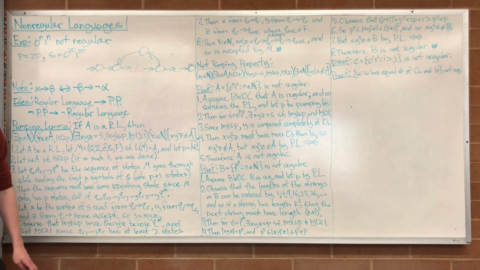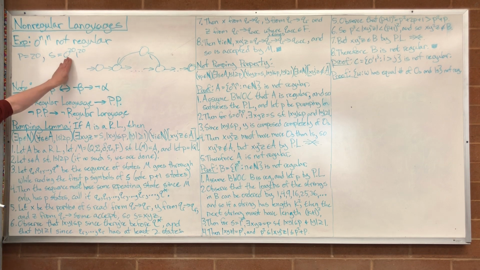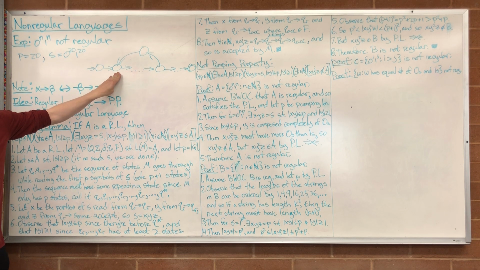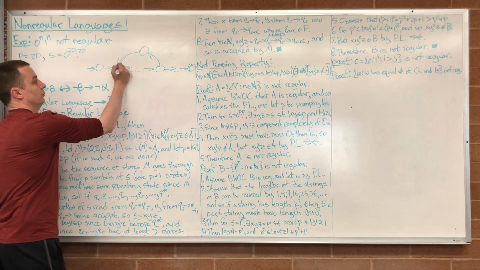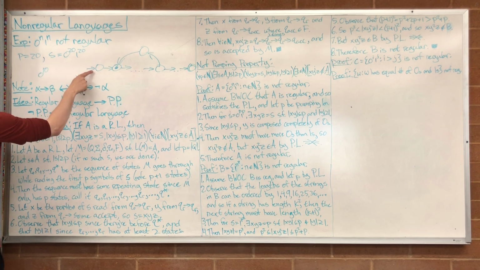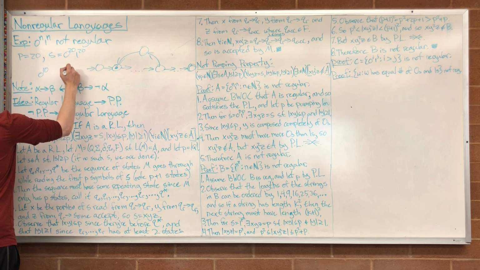Right? And so what we do then is I ask Levi, okay, how many zeros did you see before we got to our first loop? Before we get to this state? And he tells me something like 10. So if I do 0 ten times, then that gets me from here, sorry, let's do another.